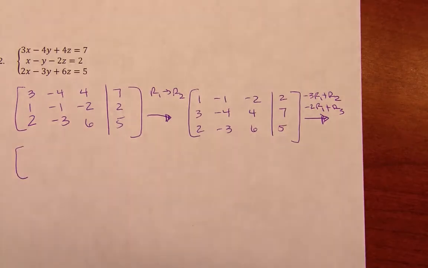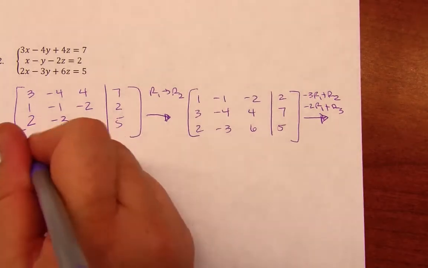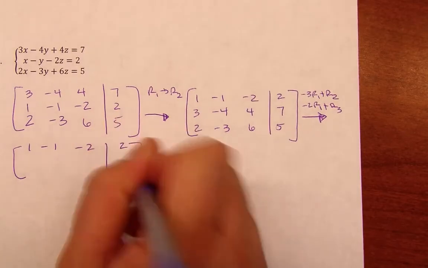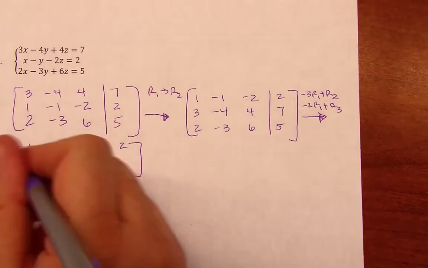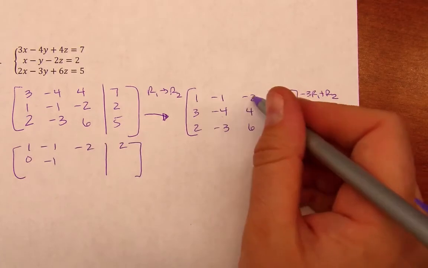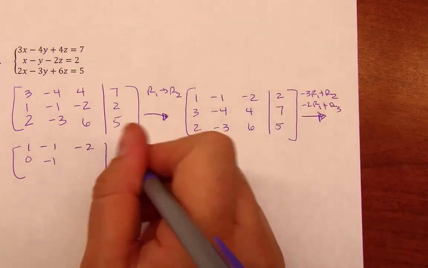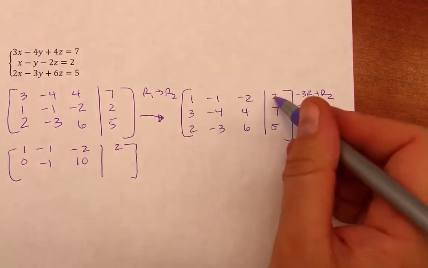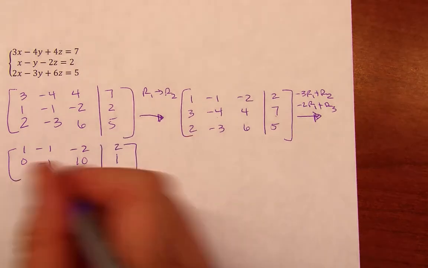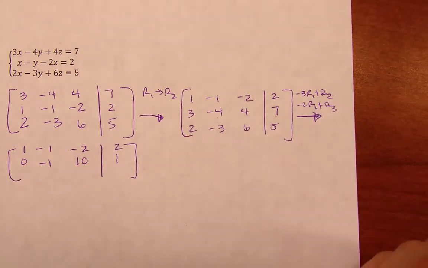And we don't change row 1, so 1, negative 2, 2. And then this is going to make a 0. Negative 3, that'll give me a negative 1. Negative 3 will give me a 10 here. Negative 3 adding will give me a 1. And then I end up doing the same thing for row 3.